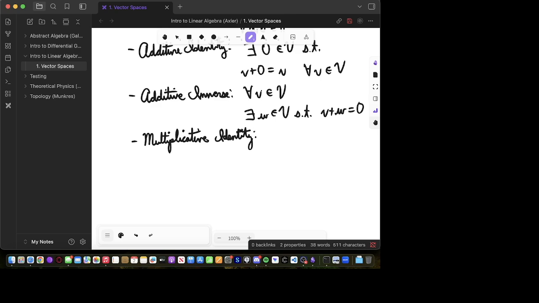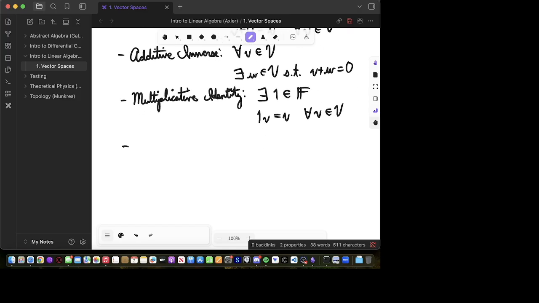We also have that there exists an element 1 in the field such that 1 times v equals v for all v in the vector space. And then last but not least, the vector space has distributive properties.